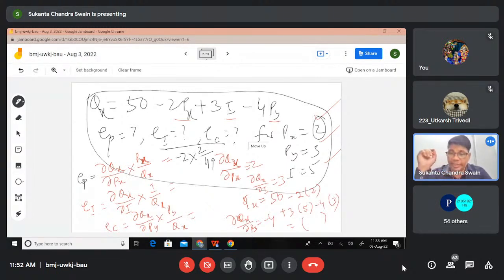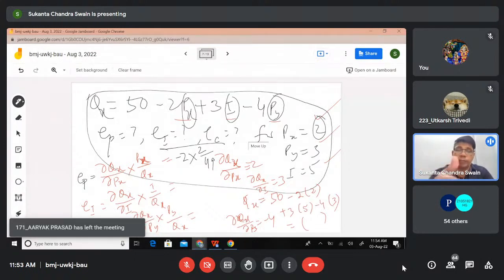Anybody is finding difficulty to compute this one? We'll just put the values of px, I and py. We'll get the qx. The qx already he has got 49. The partial derivatives we computed: del qx by del px minus 2, del qx by del I 3, del qx by del py minus 4. Then we will put the values only.